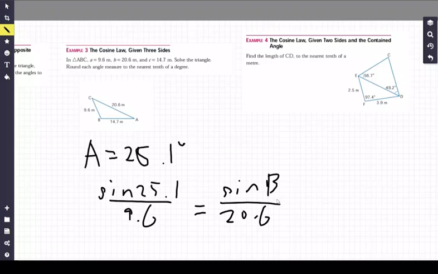Let me check: 20.6 times sine of 25.1 degrees divided by 9.6, inverse sine of the answer. Okay. So for B, we're actually going to get 114.3.